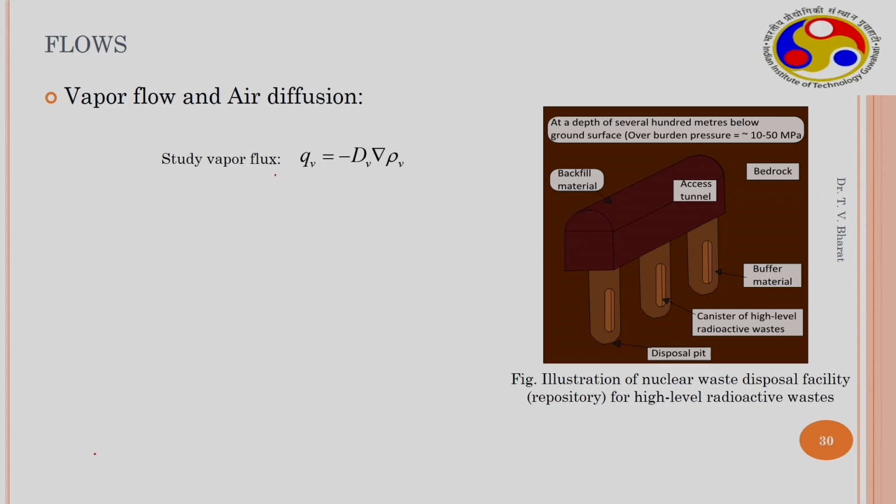Similarly, in unsaturated soils the air can also get dissolved in water and diffuse through water. Those two cases also prevail in unsaturated soils, and we did not discuss them much in our course. In unsaturated soils the vapor flow can take place. The steady vapor flow for unsaturated soils can be described using Fick's law.